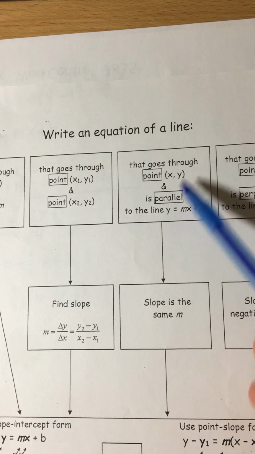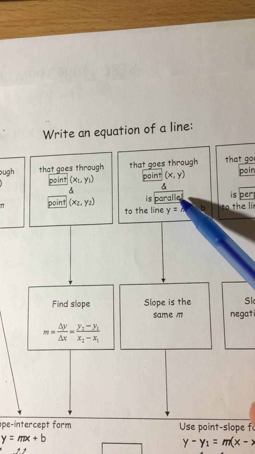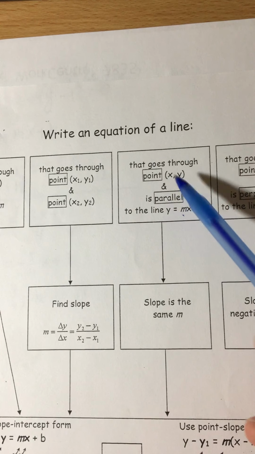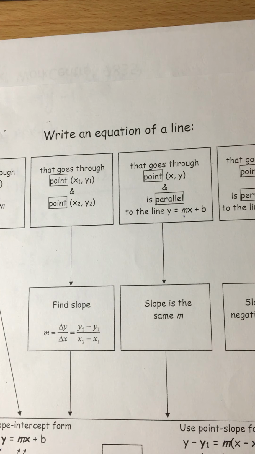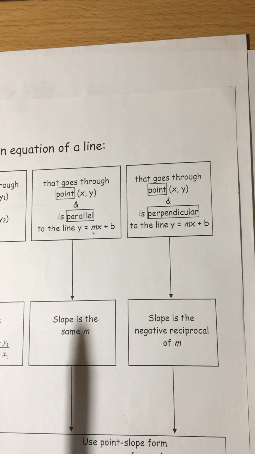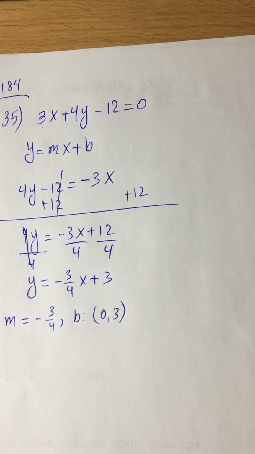If you have a point and the lines are parallel, then you have the slope from one of the equations of the lines, and so you use the same slope because lines are parallel, and the point, and you plug it in. And if the lines are perpendicular, then if you know one of the slopes, you just get the negative reciprocal and follow. So I just want to point out that you can use this flowchart as a resource.